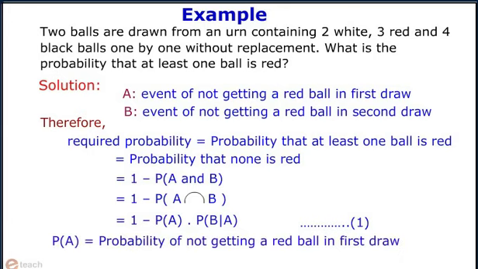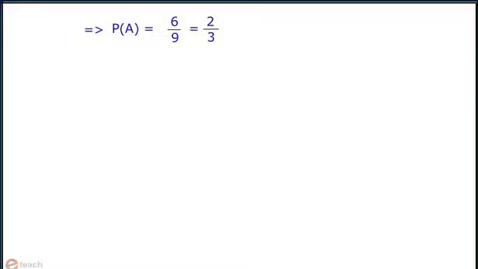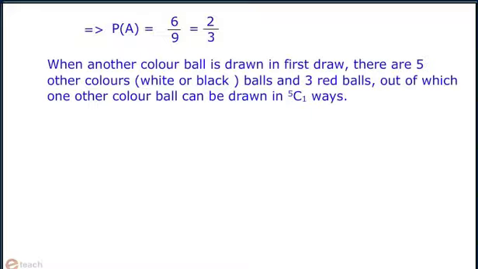Now probability of A is the probability of not getting a red ball in the first draw. That is probability of getting another color ball in the first draw. So it is equal to 6 by 9, which is 2 by 3.